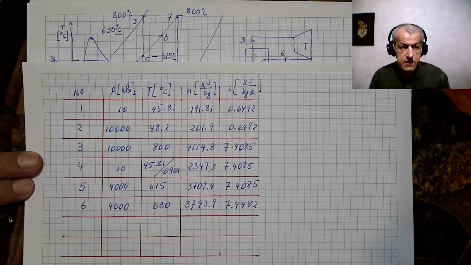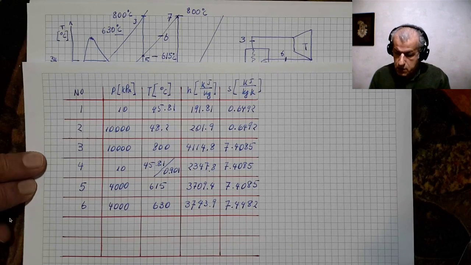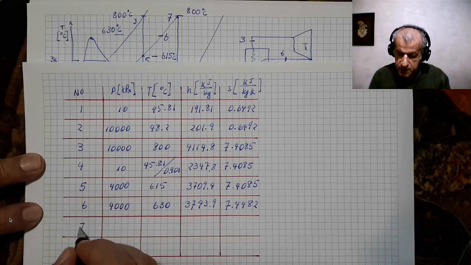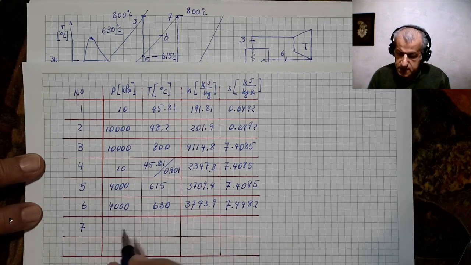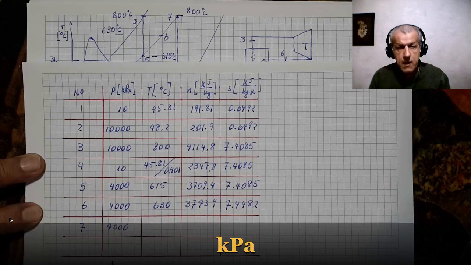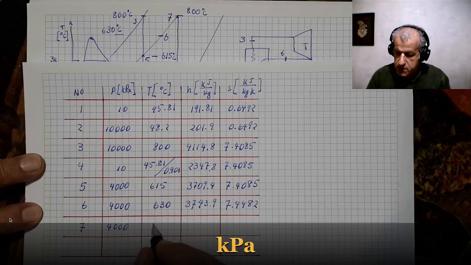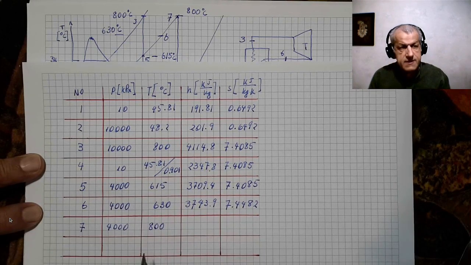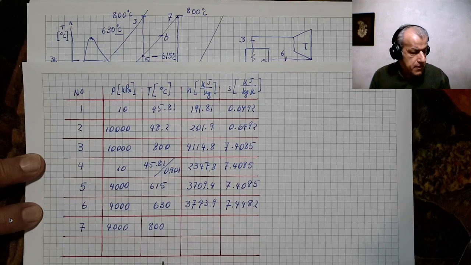Now, point 7 is also known. We have a lot of information about point 7, since we know its pressure is 4,000 kilopascal. Its temperature is 800 degrees C, and therefore tables would tell us all properties.